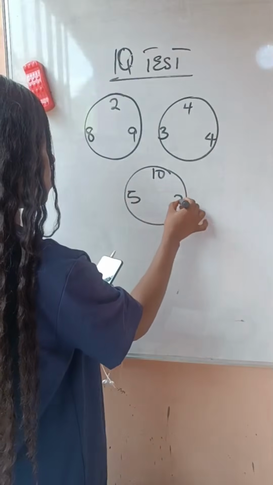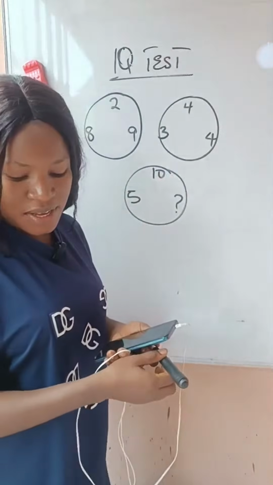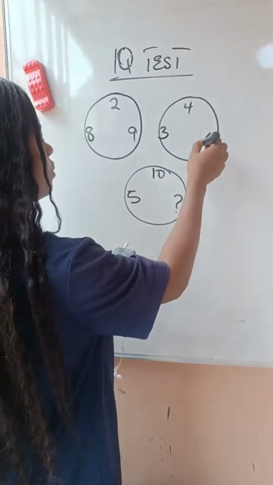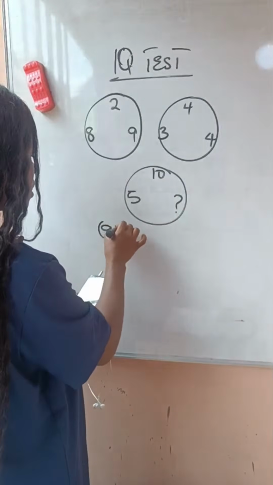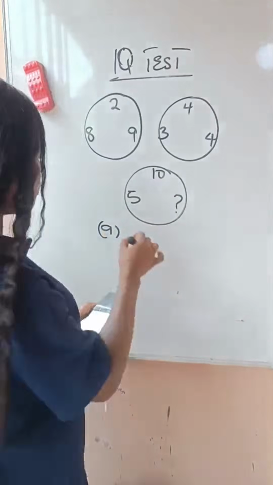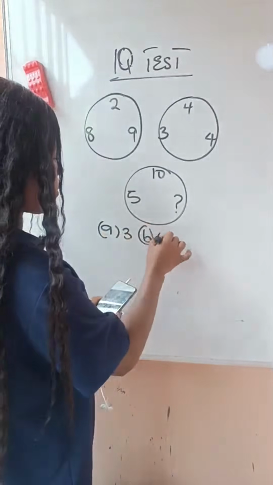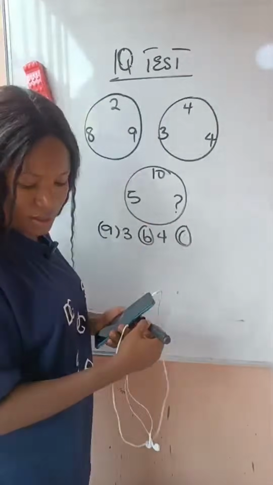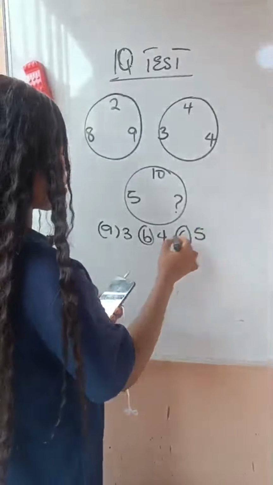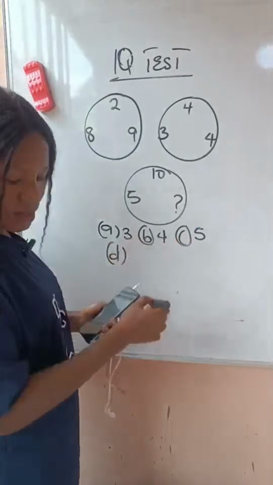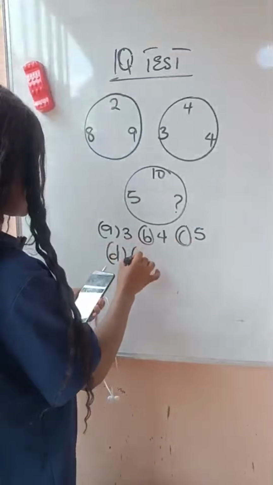And we have a question mark here. Now, the question says find the missing number. The options are: option A, 3. Option B, 4. Option C, 5. And option D, 6.